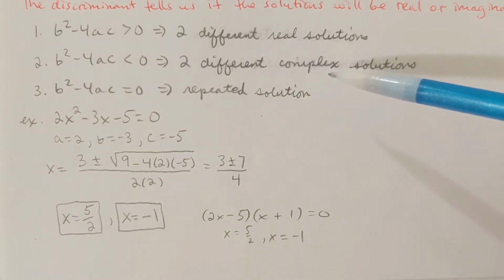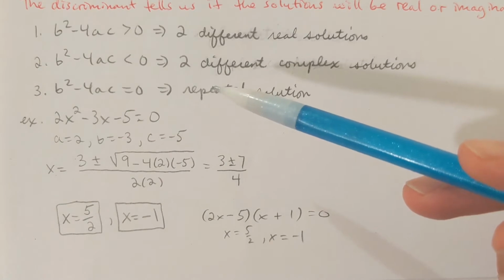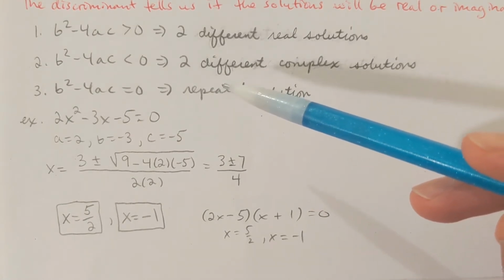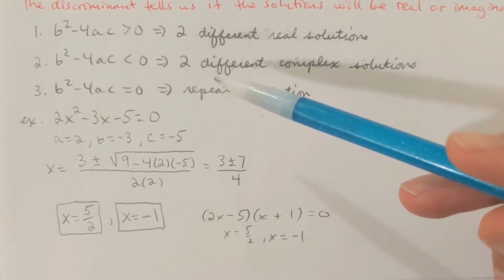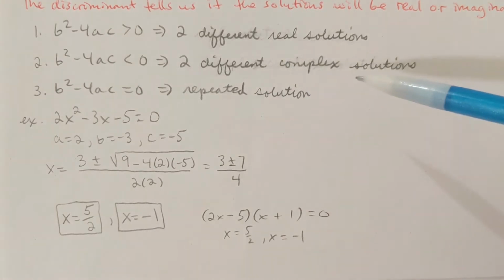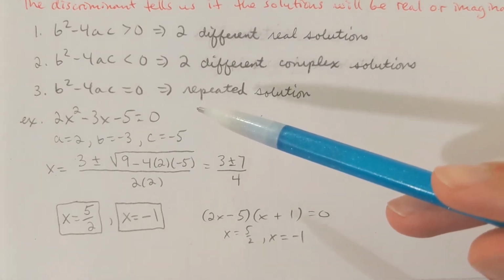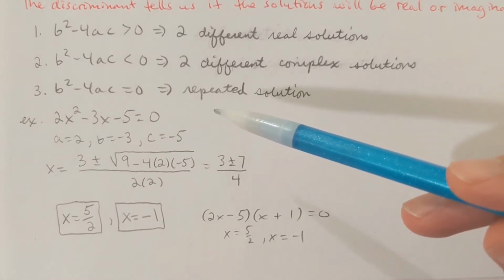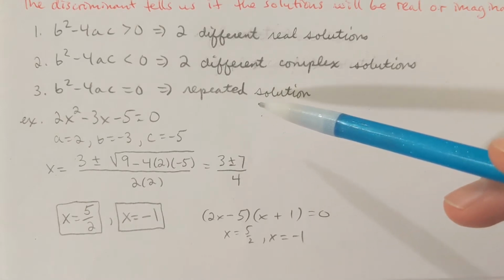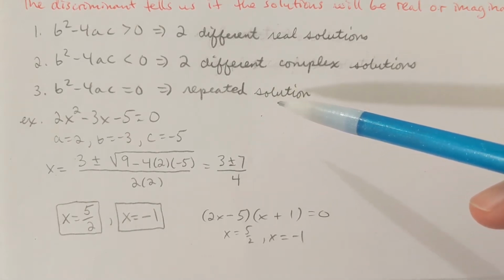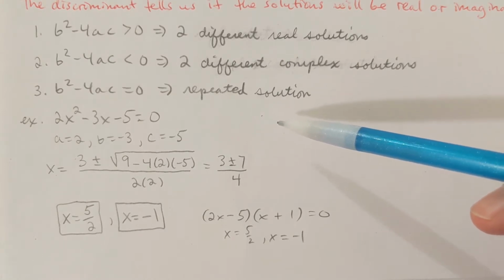If b squared minus 4ac is less than 0, then you've got a negative underneath the square root sign, and so that would mean that you're going to have 2 different complex solutions. And if b squared minus 4ac is equal to 0, then that would mean that you're going to have a repeated real solution.